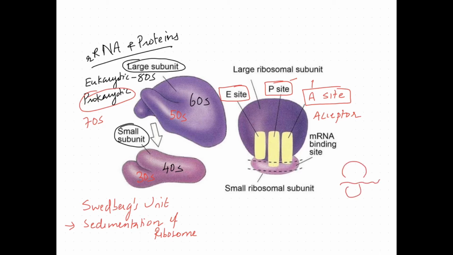This ribosomal complex is assumed to have three different sites. One is the A site, to which tRNA is bringing amino acids. Another is the P site, where protein synthesis takes place. Here a peptide bond is formed between the amino acid present on the A site and the amino acid present on the P site.